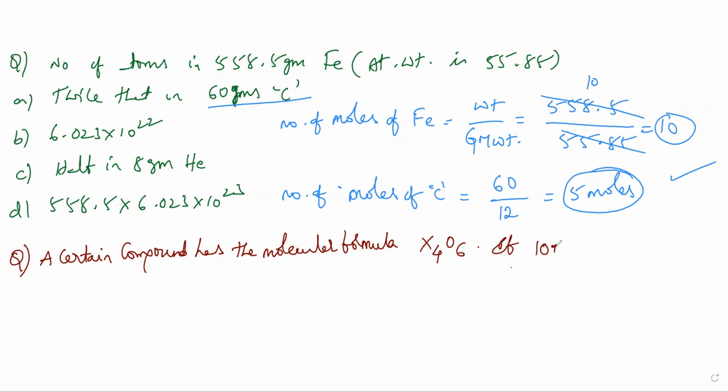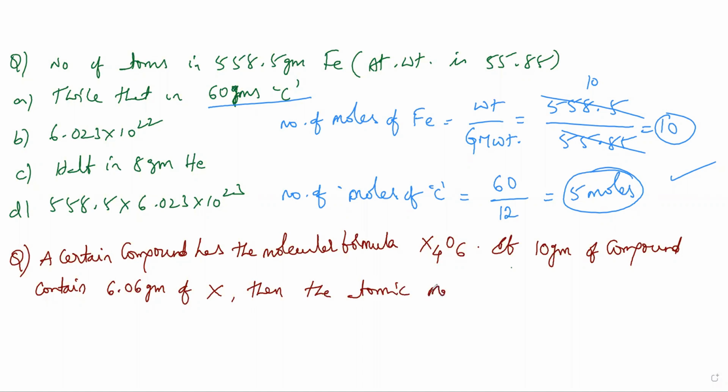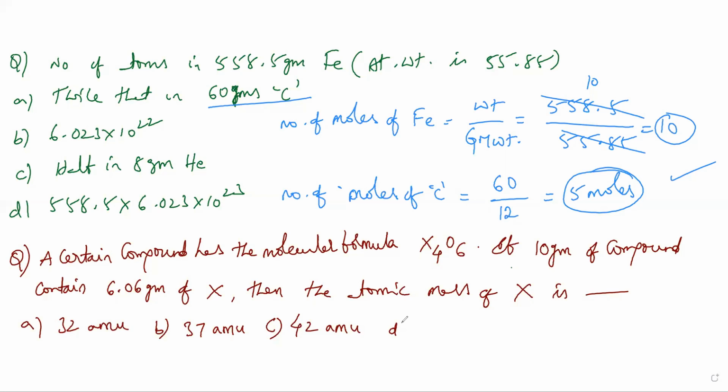If 10 grams of the compound contain 6.06 grams of X, then the atomic mass of X is: A, 32 atomic mass units; B, 37 atomic mass units; C, 42 atomic mass units; D, 48 atomic mass units.